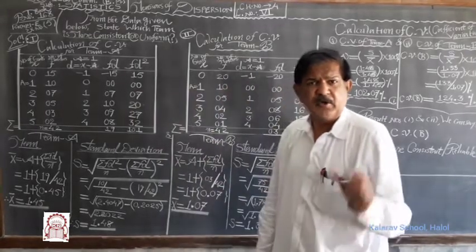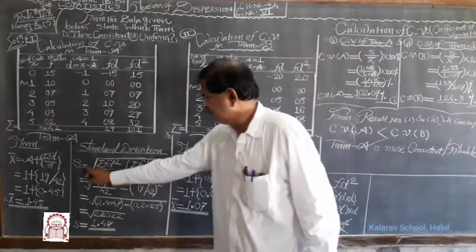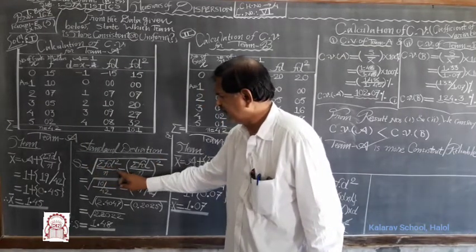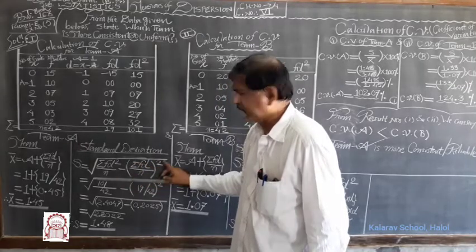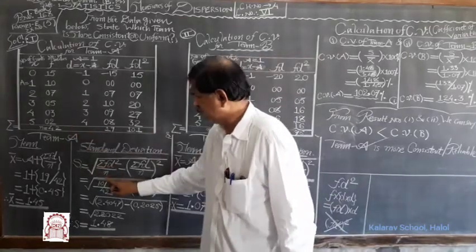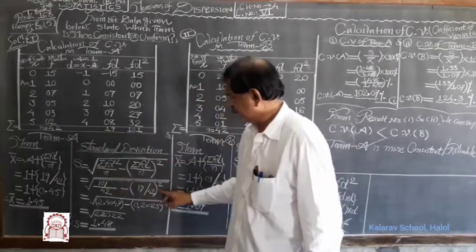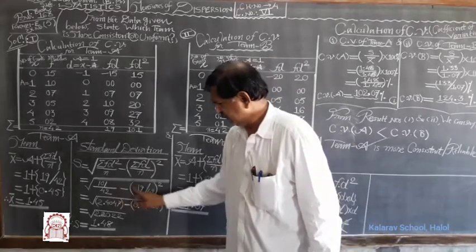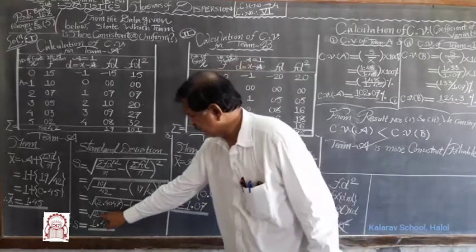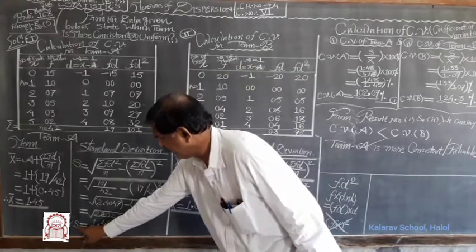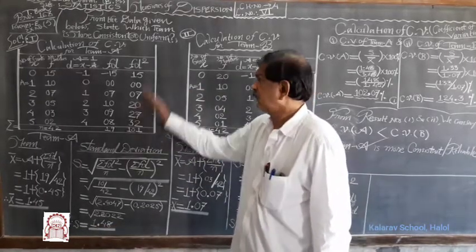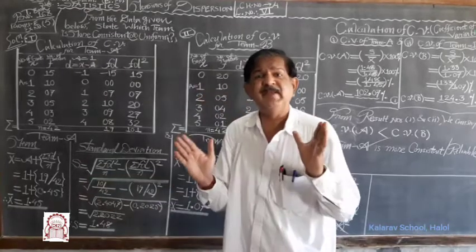Standard deviation for team A is given by s equal to square root of sigma f into d square upon n minus sigma fd upon n, whole square. Now 101 upon 42 minus 19 upon 42, whole square. Simplification will give you 2.4047 minus 0.2025. Take out the square root, therefore standard deviation s is 1.48 approximately. This is the calculation for team A.